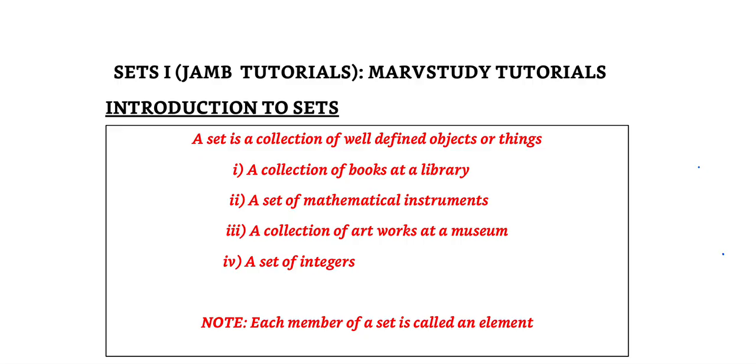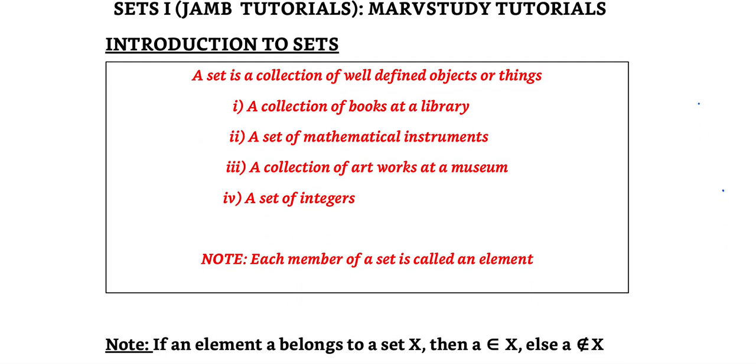Another thing to note is that if an element A belongs to set X, this symbol right here on the screen represents that it belongs to that set. It shows that A belongs to the set X. But if A does not belong to X, where this pointer is, that's the symbol we use, it is not a member of the set, right?